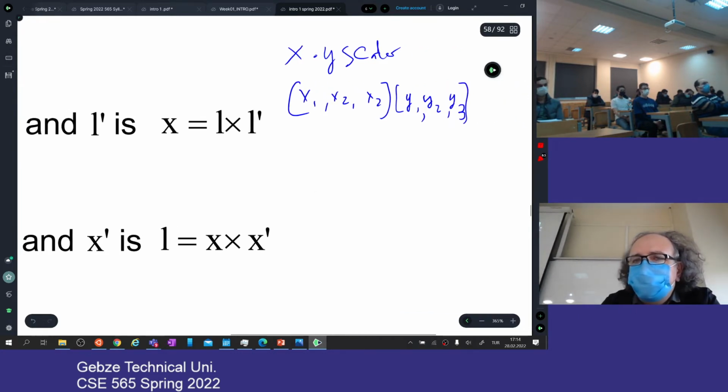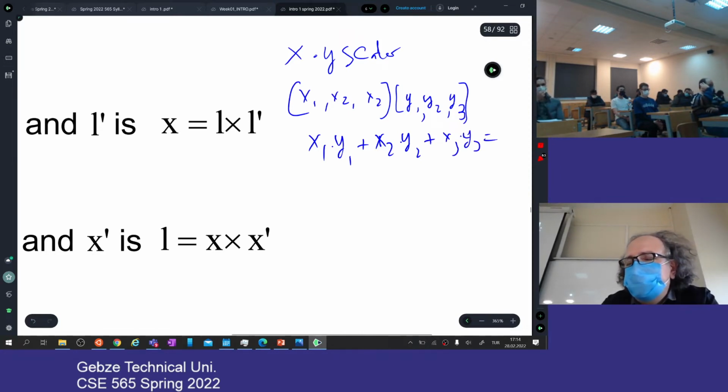How do I do that? x1 times y1 plus x2 times y2 plus x3 times y3, right? So I would get a scalar out of it. That's why I know. How about this one?